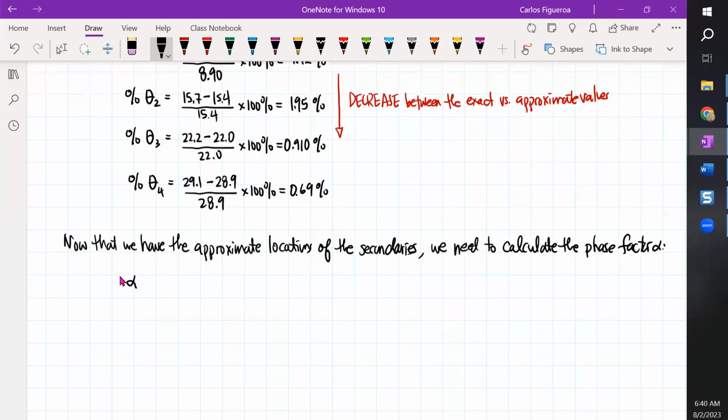So we know that alpha must be pi a over lambda times sine of theta.